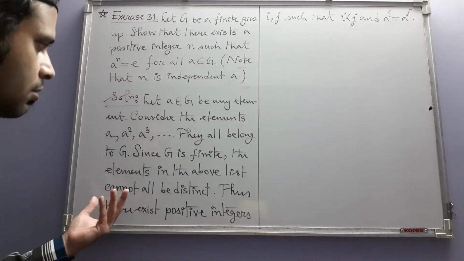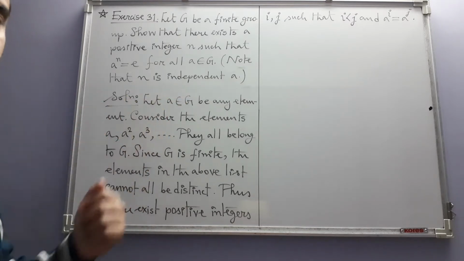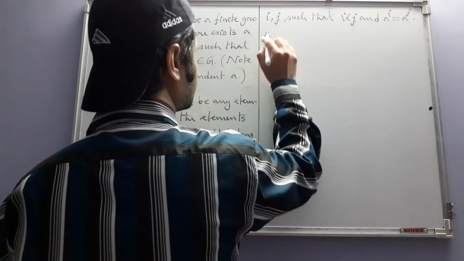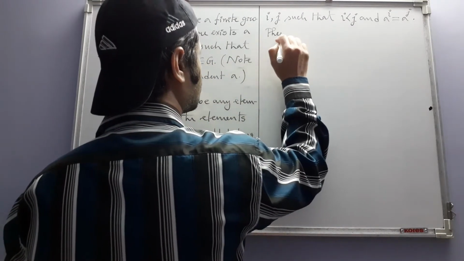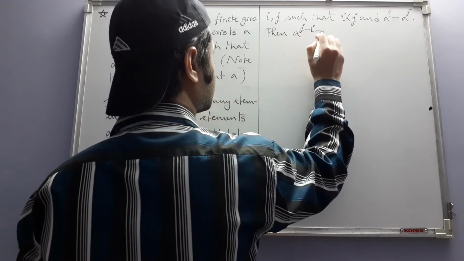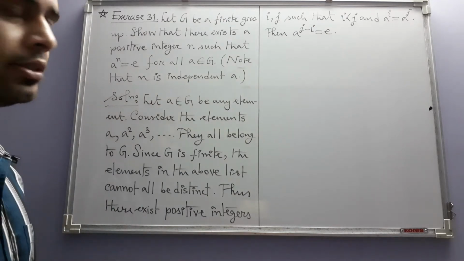There will be many repetitions like this in this list. We need only one. Then a to the power j minus i is the identity.